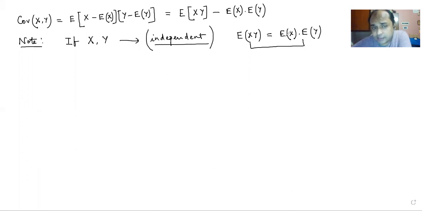If the variables are independent, this happens. And consequently, for independent variables, covariance of XY becomes 0. It's a very important fact. You just note it down somewhere. So this is the first point that I wanted to talk about.